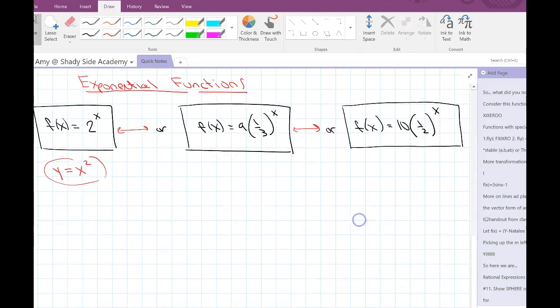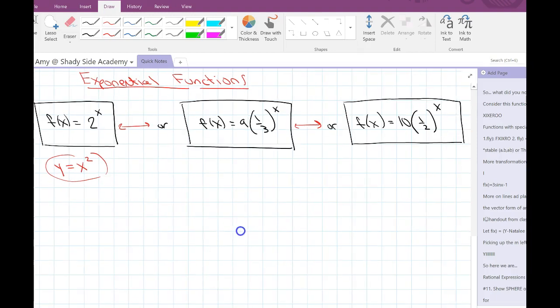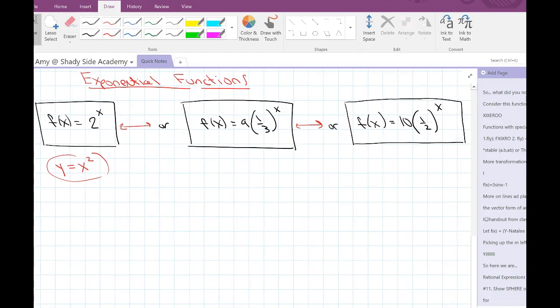What I'd like you to do below for each of these is go ahead and sketch each of these functions. After you sketch these functions, I want you to make any conclusions you can about horizontal asymptotes of these three functions.